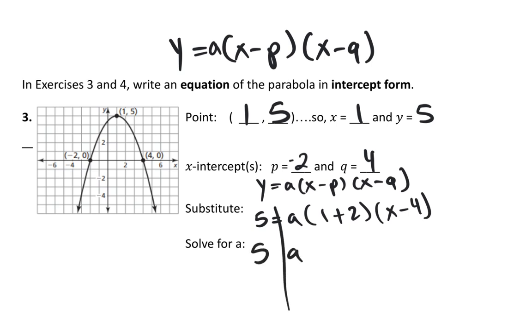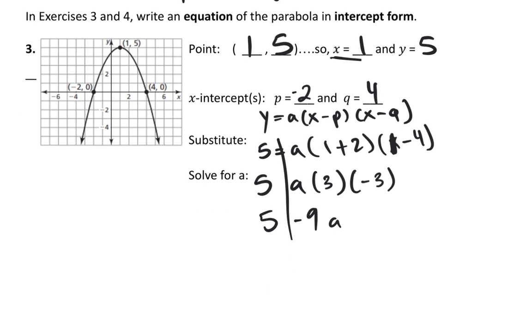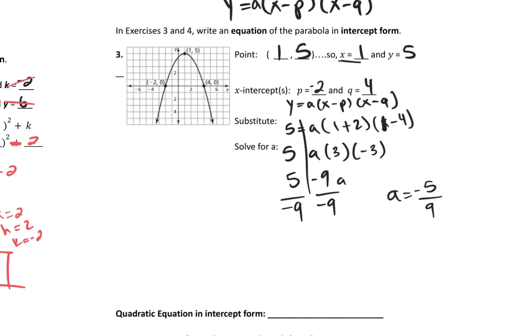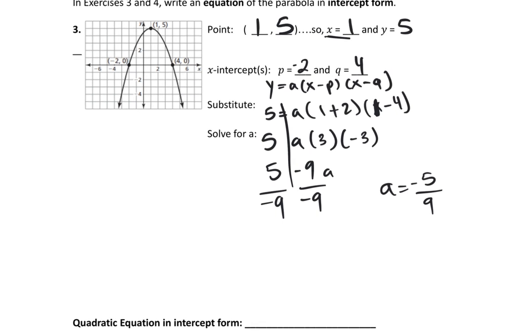You have parentheses. We're going to do that math. 1 plus 2 is 3. This is supposed to be a 1. x is 1. 1 minus 4 is -3. So when you multiply, you get -9 with the a. So to solve for a, we divide by the -9, and I get a equals -5 over 9. I don't need the decimal. Fraction is better, actually.